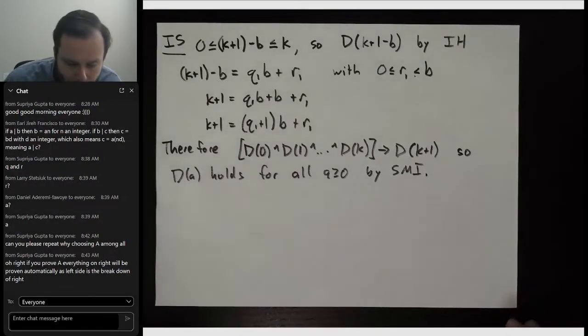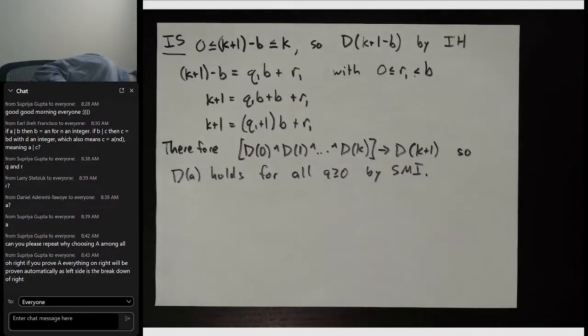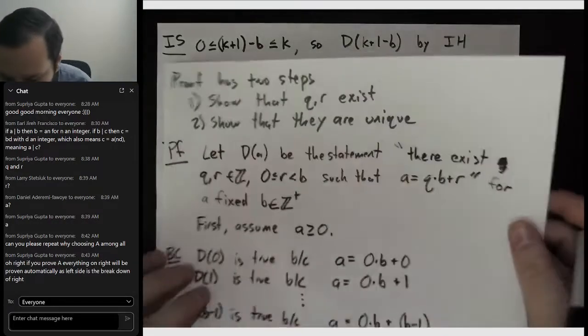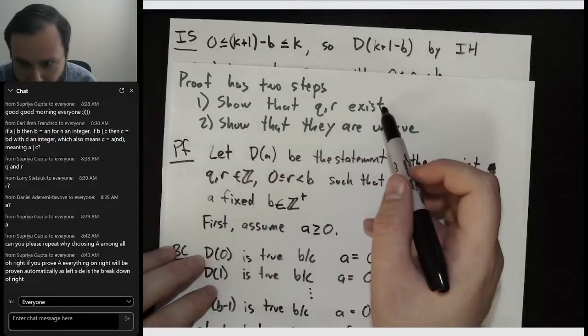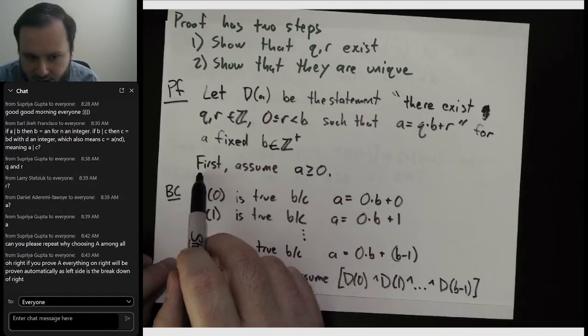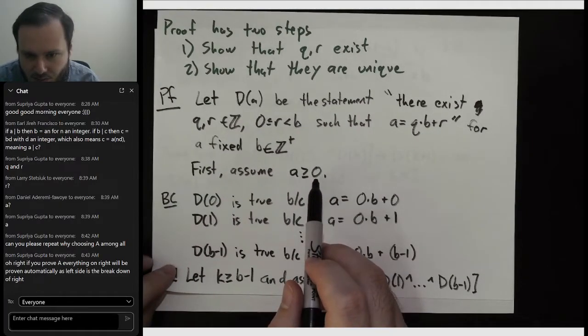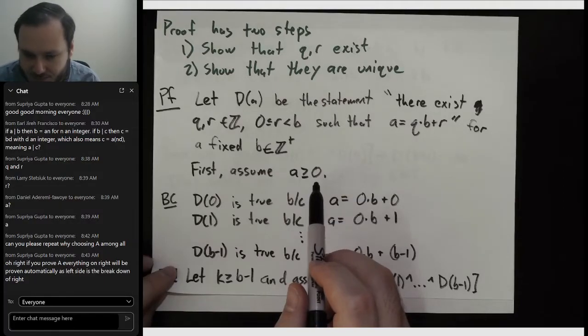But I'm not done. I'm not done with my proof. If I go back here, I'm not done with my proof because that was just step 1. But I'm not even done with step 1 because this only handles a greater than or equal to 0, but a is supposed to be any integer.